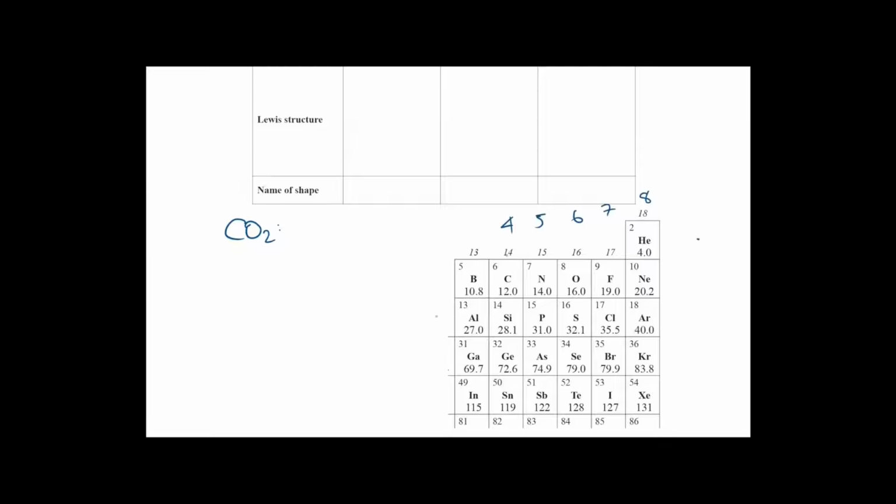So carbon has 4 electrons in its outer shell, so it needs 8, so it needs 4. Oxygen has 6 in its valence shell, so it needs 2 for each.